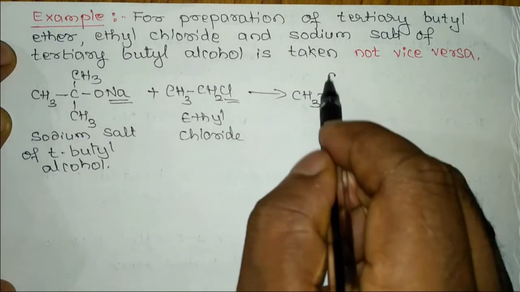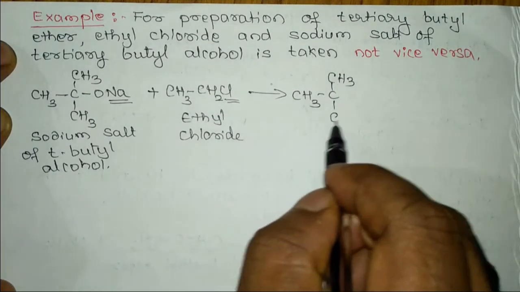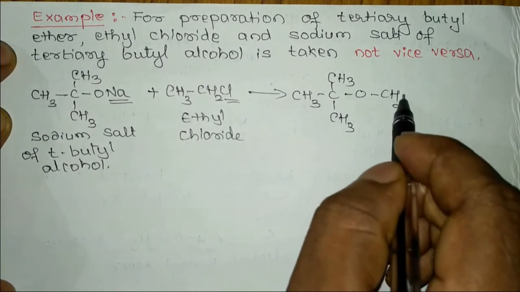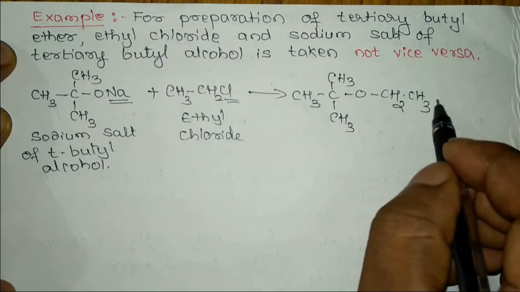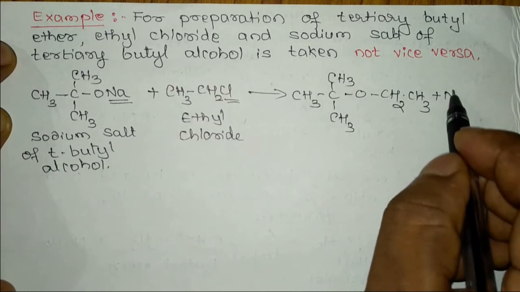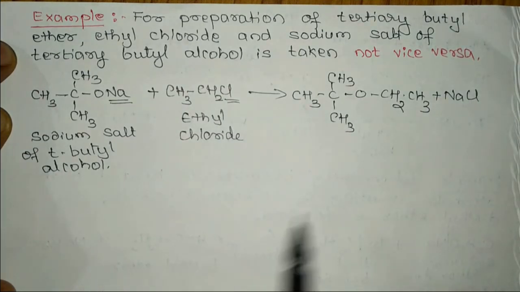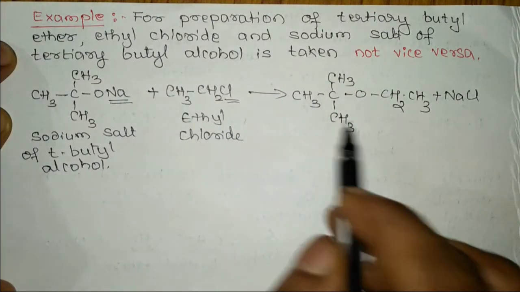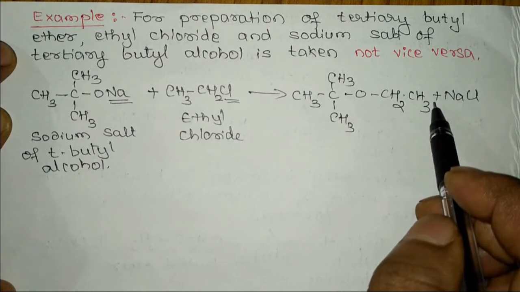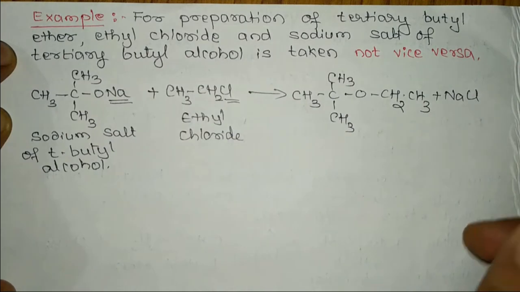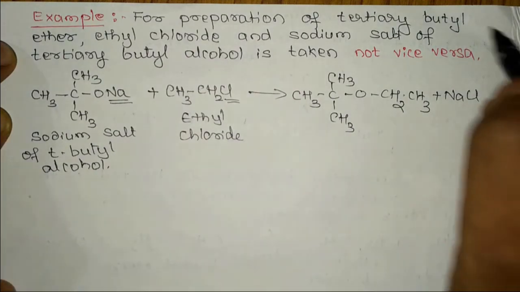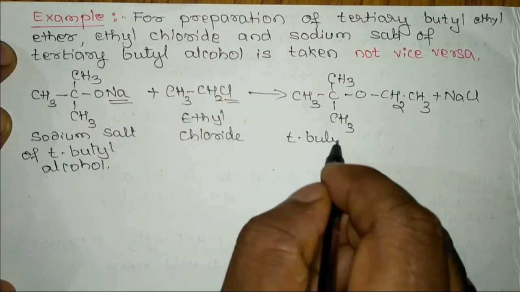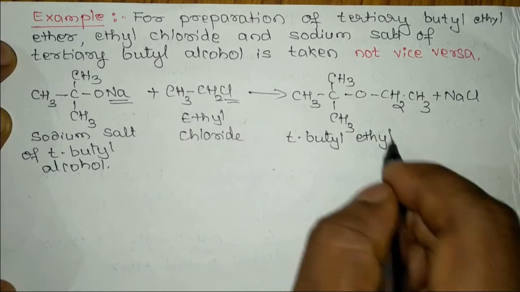You are going to get (CH3)3C-OCH2CH3 plus NaCl. This is tertiary butyl ethyl ether.